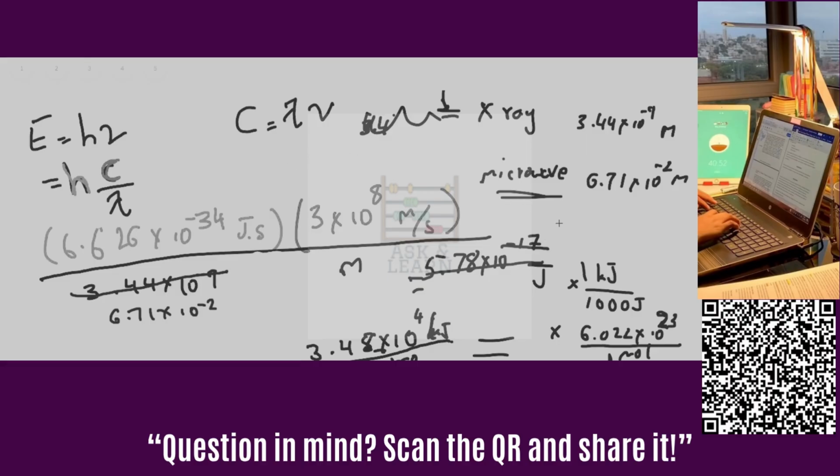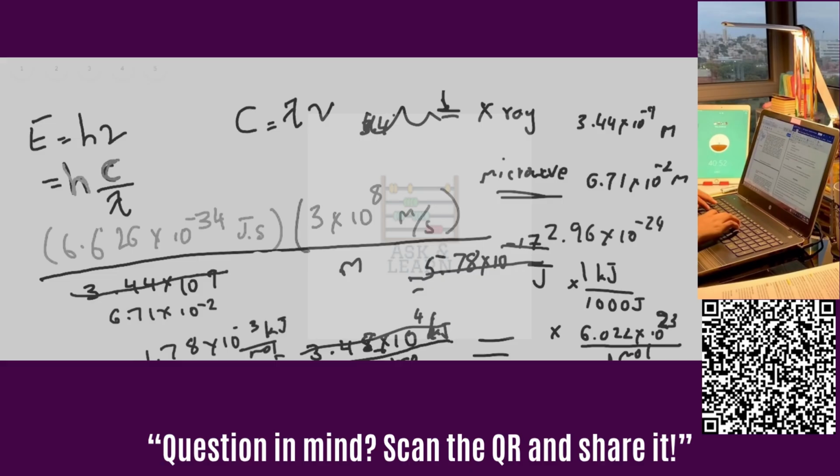So that part will come out to be 2.96 times 10 to the negative 24, which is divided by thousands, multiplied by 6.022 times 10 to the 23rd. We're gonna get 1.78 times 10 to the negative 3 kilojoules per mole.